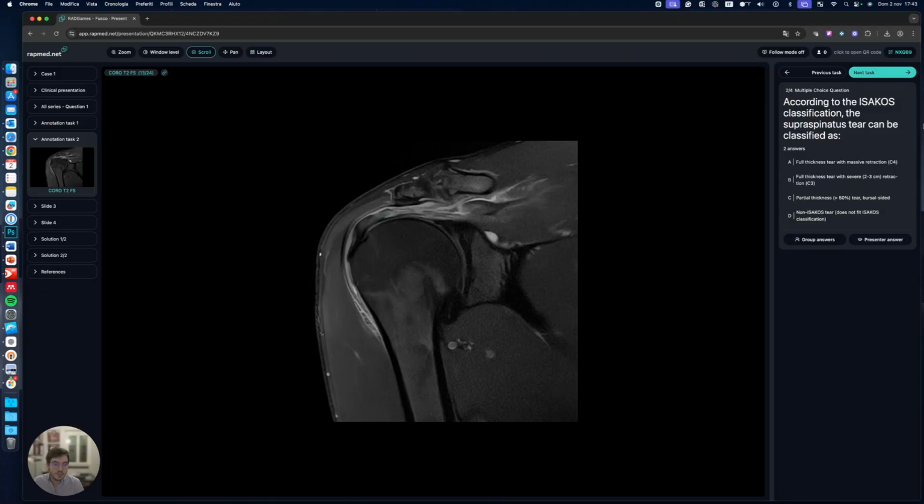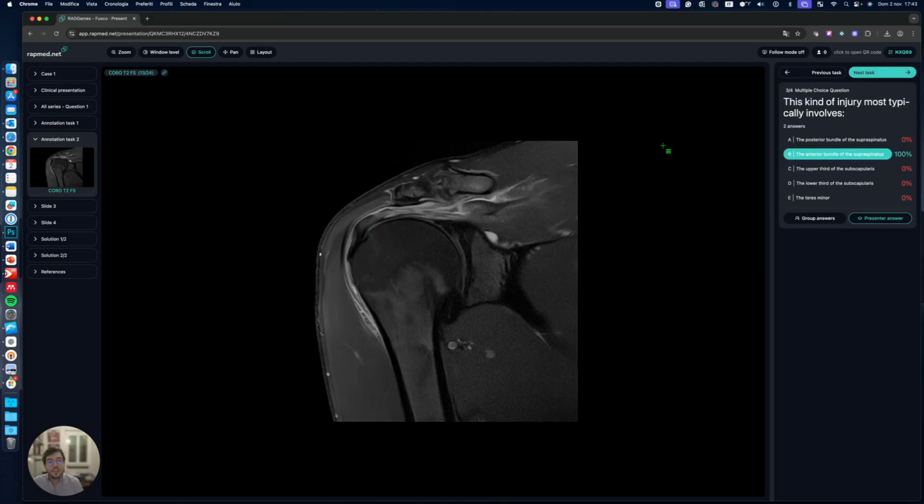The answer is no. This is a non-ISAKOS tear, since it does not fit the criteria of the ISAKOS classification, which includes partial and full thickness tears of the rotator cuff tendons. Here we are at the myotendinous junction, and the ISAKOS does not consider these injuries.